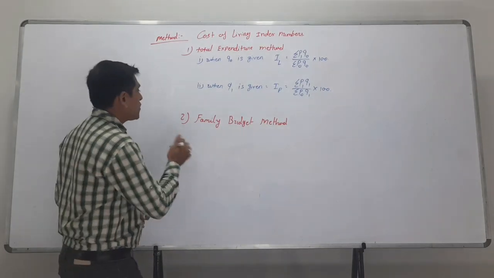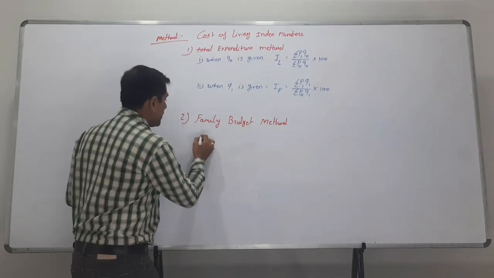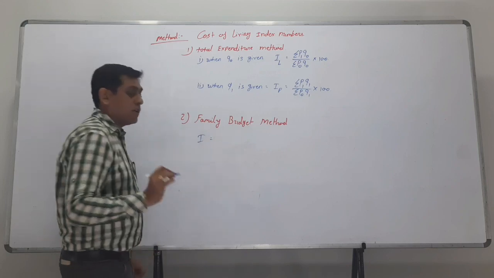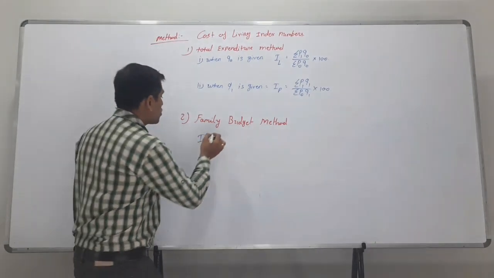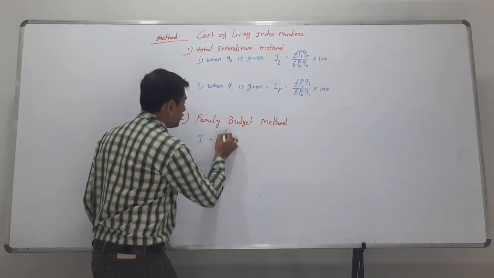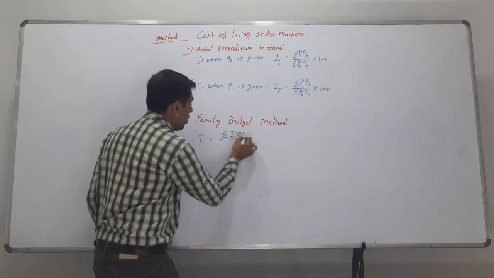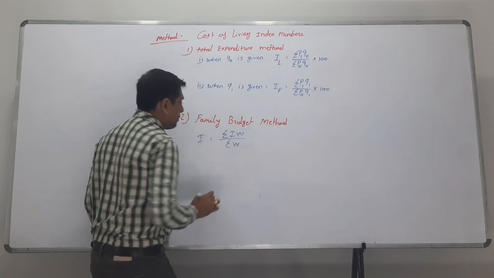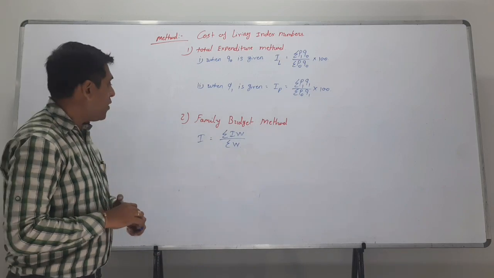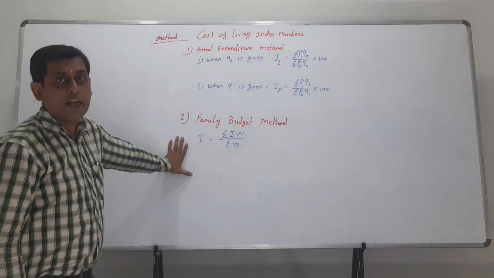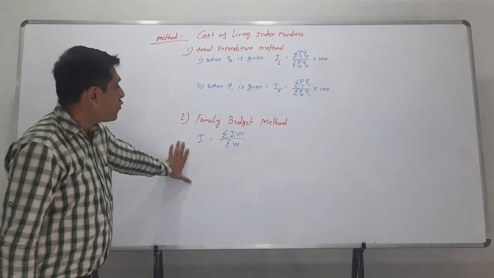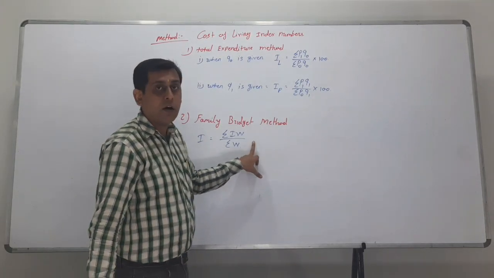Now next one is family budget method. That is easy, that is again a weighted average method. So I is equal to sigma IW upon sigma W. But keep in mind that whenever the family budget method or weighted average method is used, we don't have to multiply here by 100.